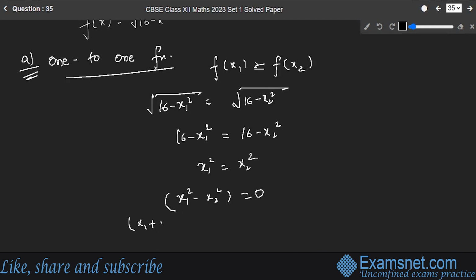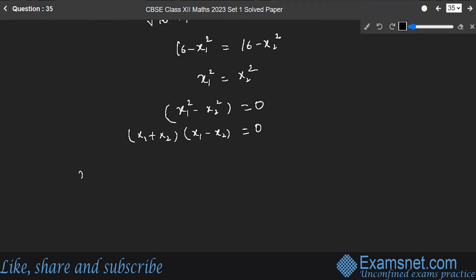So this is x1 plus x2 into x1 minus x2 should be equal to 0. See, if x1 plus x2 is equal to 0, here you have x1 is equal to minus x2.